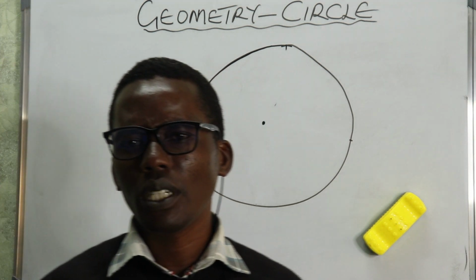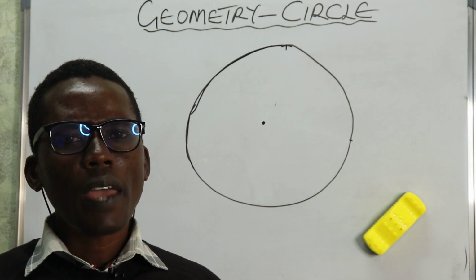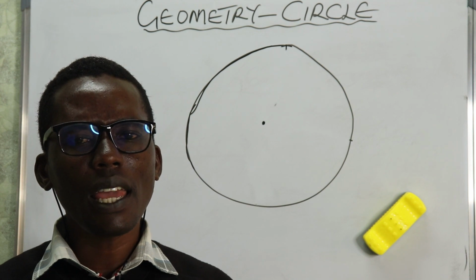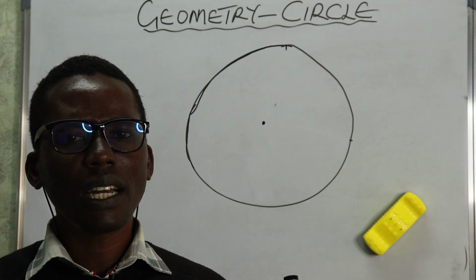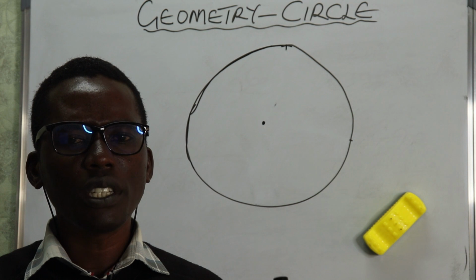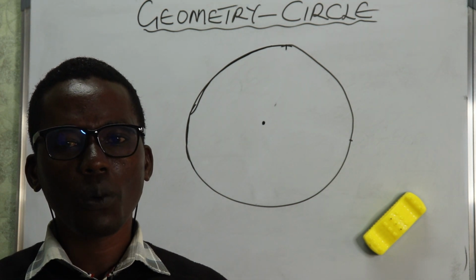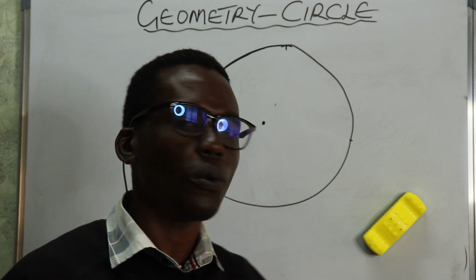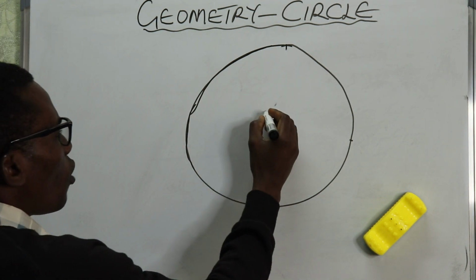Now the second point we want to talk about is the diameter of a circle. The diameter of a circle is the line AB that joins any 2 points on the circumference of a circle, and it must pass through the center O of the circle.